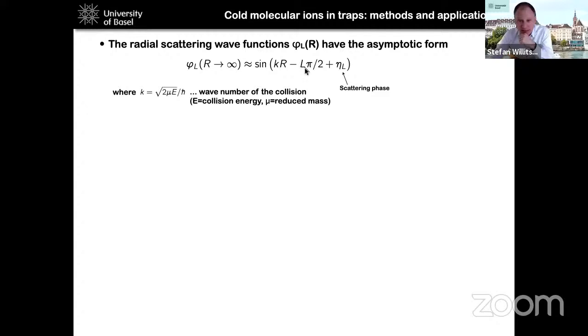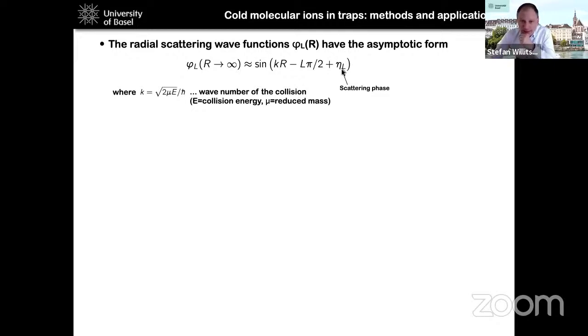One of them is proportional to the angular momentum quantum number L, and it is a phase shift that arises because of the centrifugal term in the effective potential. And then we have another phase shift, eta L, and that is called the scattering phase. This scattering phase is a phase shift in the wave function that arises because of the interaction potential V.